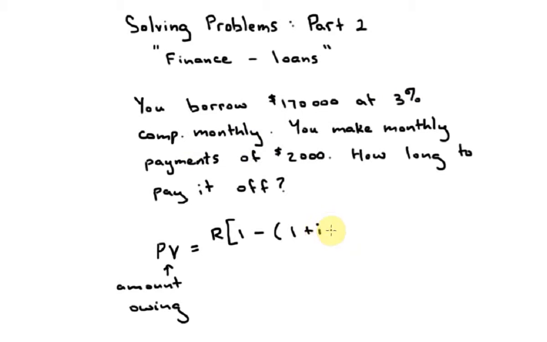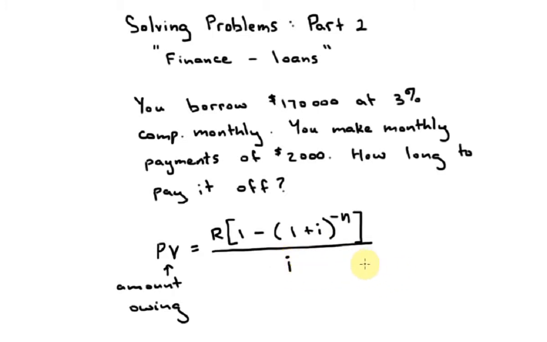And then negative n is the exponent, and n is the number of times that this reduction occurs. And that's all over the interest rate again, which has to be tweaked.